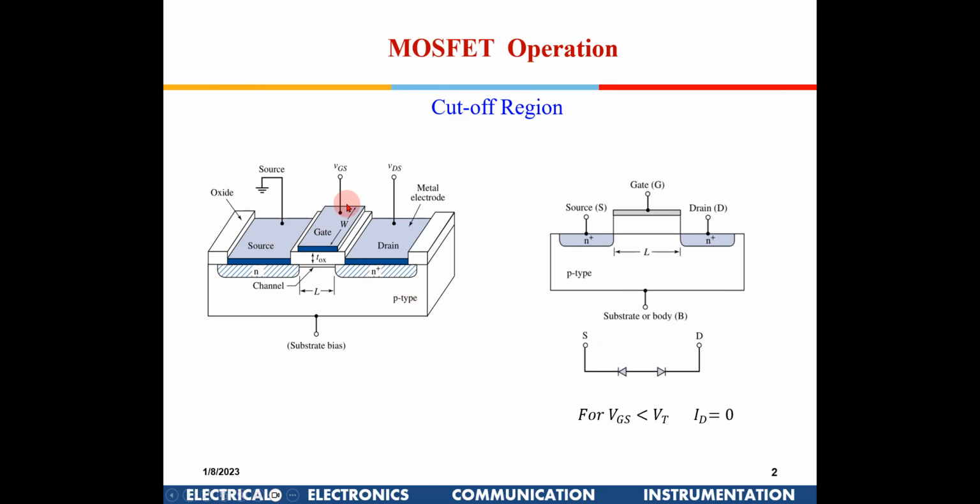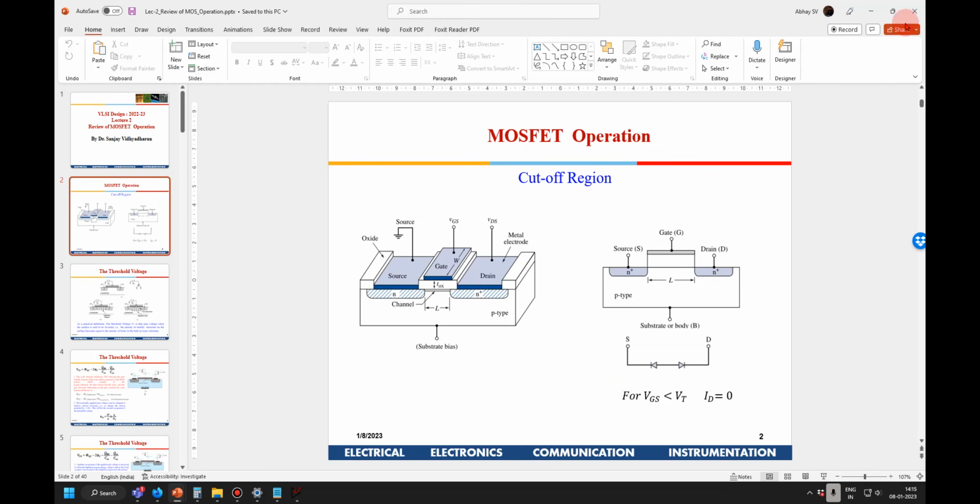Is it the channel width you're saying? This W you can see, it's written W. That gate, sir. Okay. Yes, this is the width, this is the length. Okay, sir. Thank you, sir.